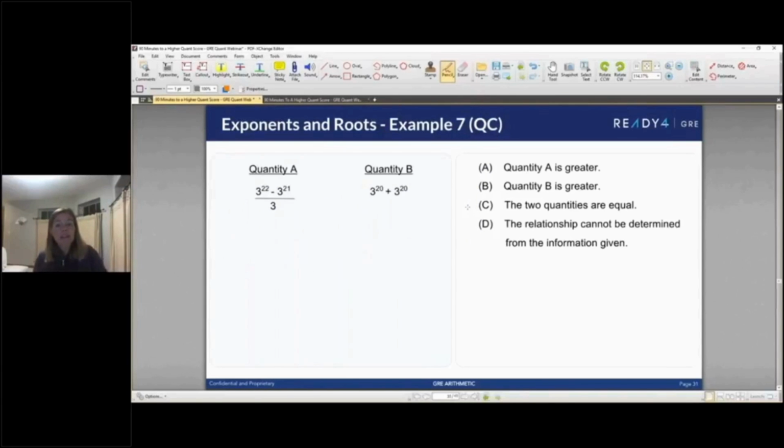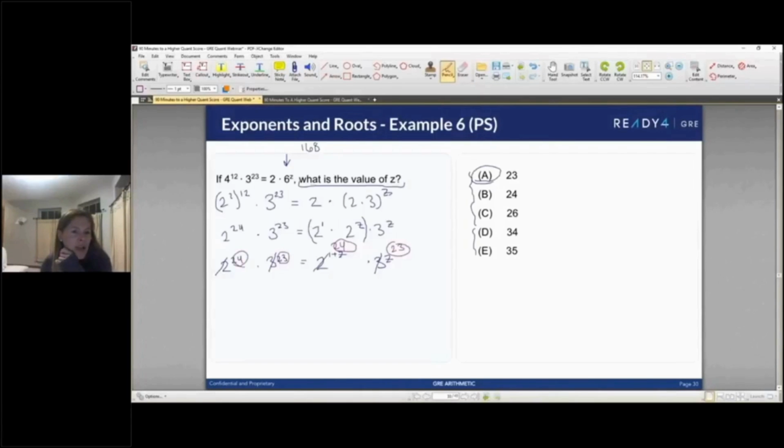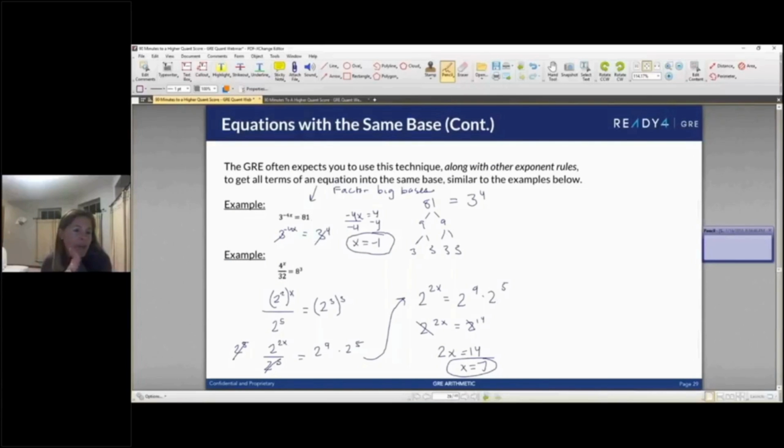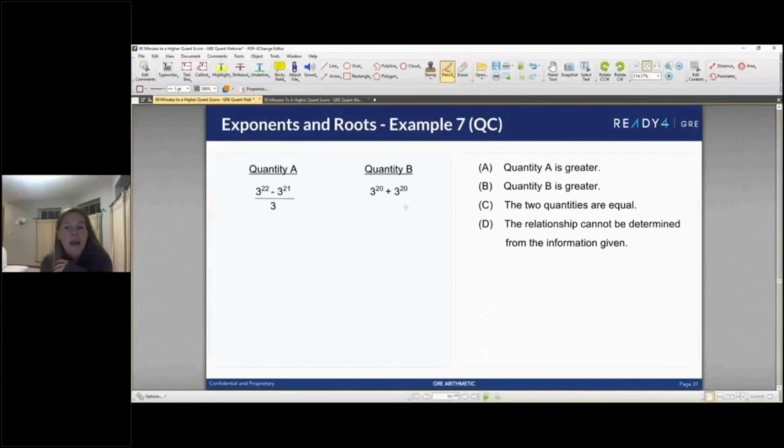All right, and then we get into this one. If you've studied at all, you've probably seen a question like this. Up until this point, we've been dealing with exponent problems that involve multiplying and dividing numbers. They will almost definitely give you a problem that involves subtracting. And I'm here to tell you that there is nothing you can do with exponents that are being added and subtracted.